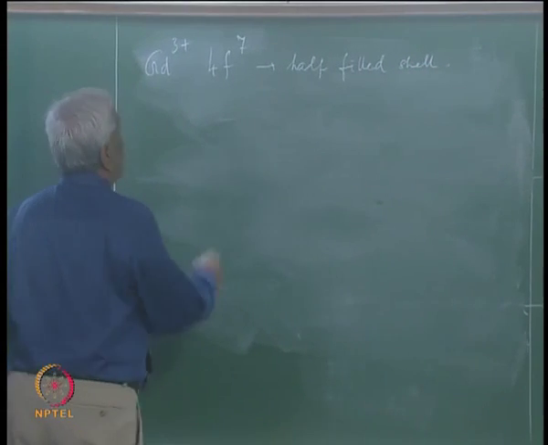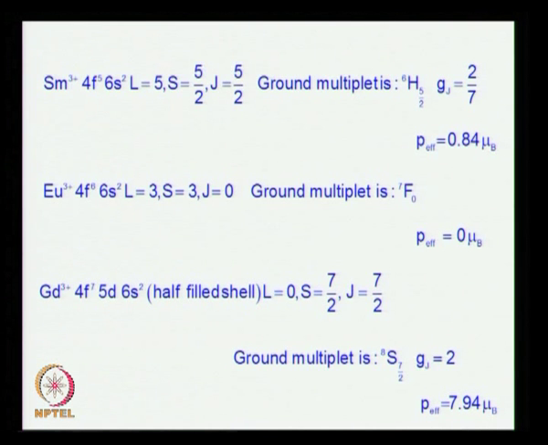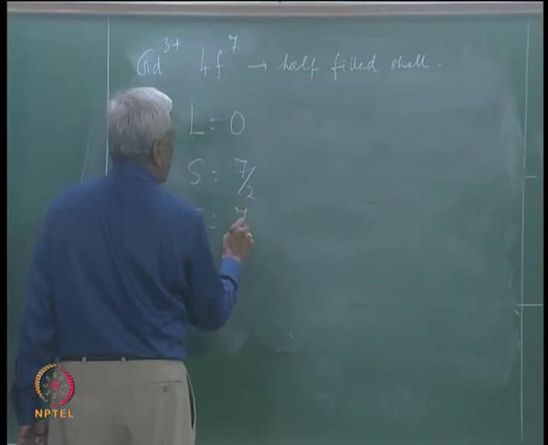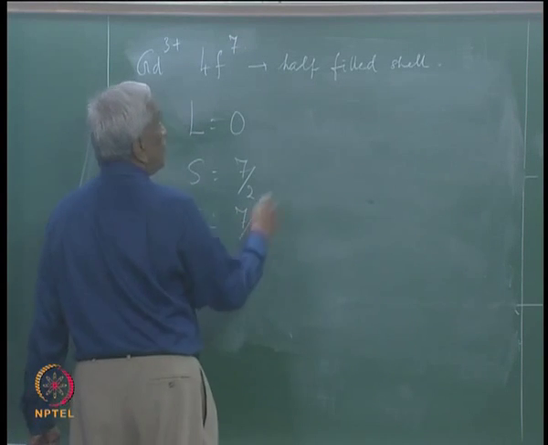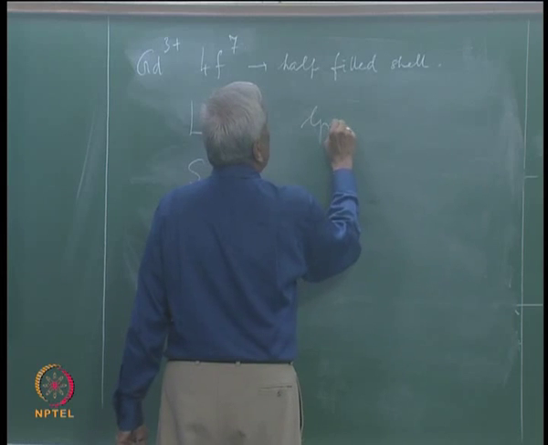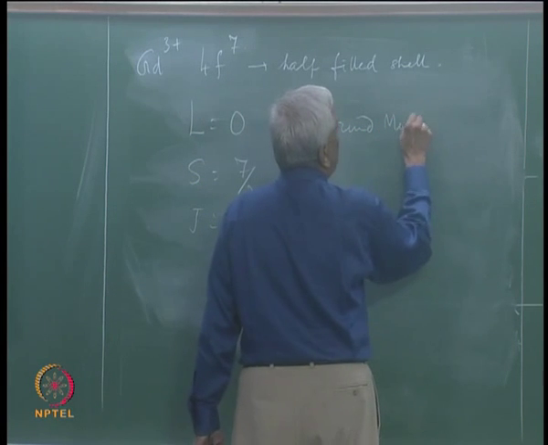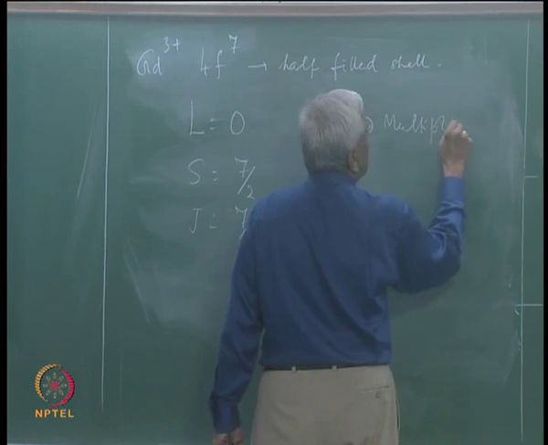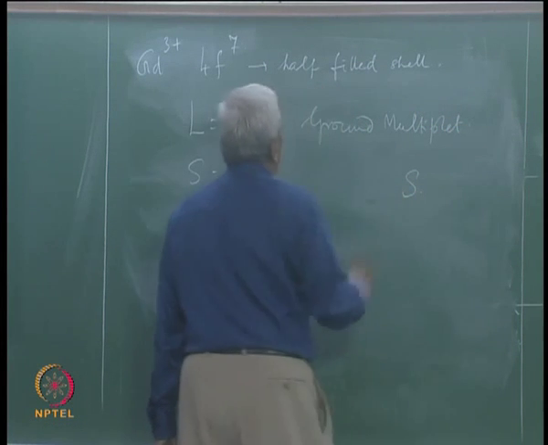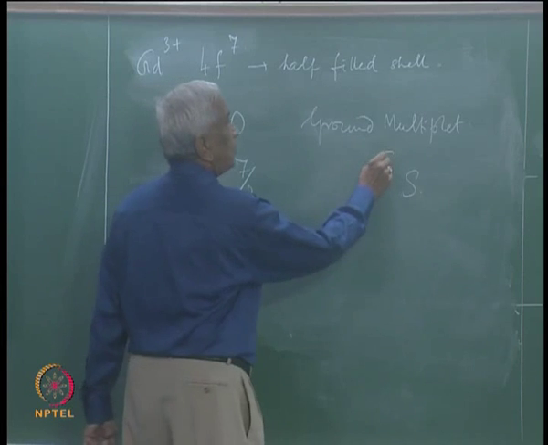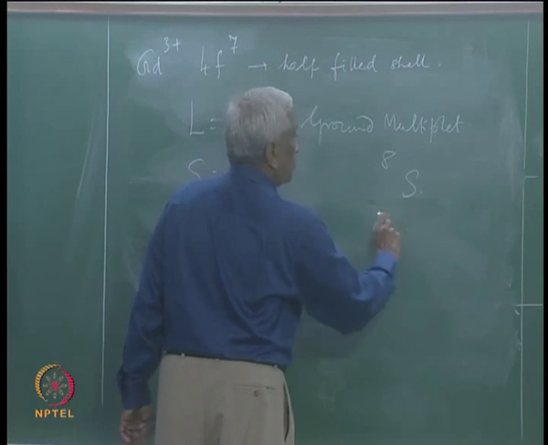The corresponding L value turns out to be 0, S is 7 by 2 and J is also 7 by 2. Since L is 0, the ground multiplet has a term symbol which is that of an S term, and therefore, this will be 8S 7 by 2.